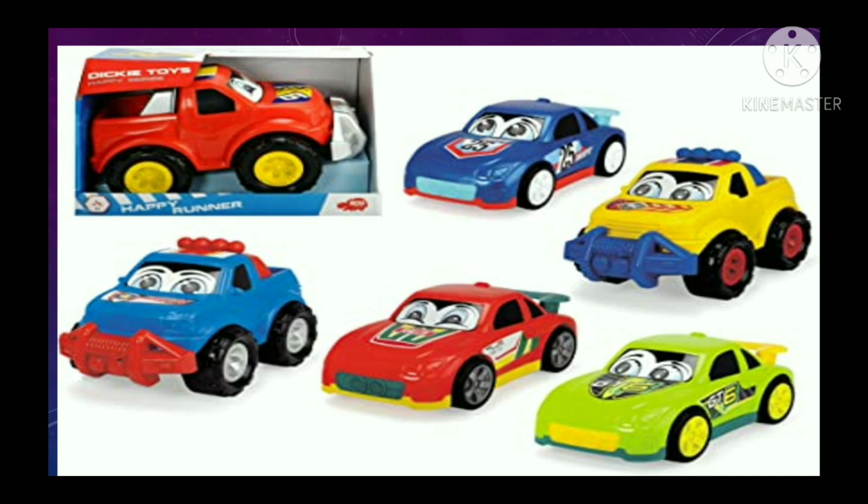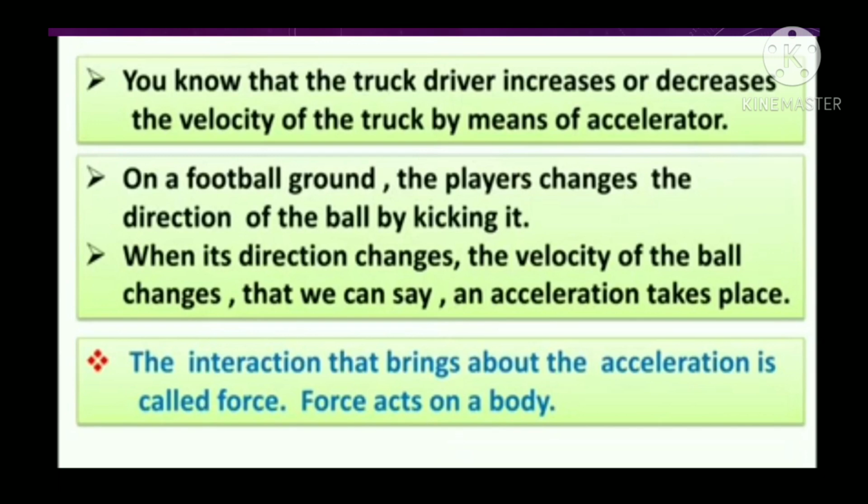It means that its velocity changes. You know that the truck driver increases or decreases the velocity of the truck by means of the accelerator. On a football ground, the players change the direction of the ball by kicking it. When its direction changes, the velocity of the ball changes. That we can say an acceleration takes place.